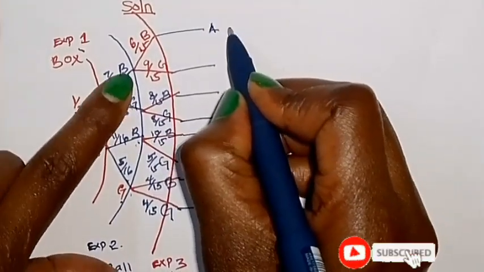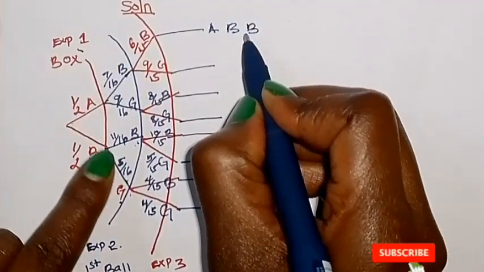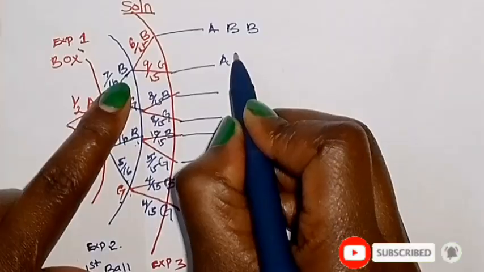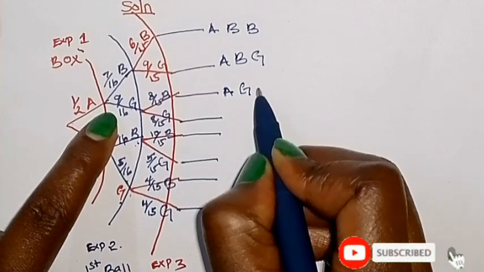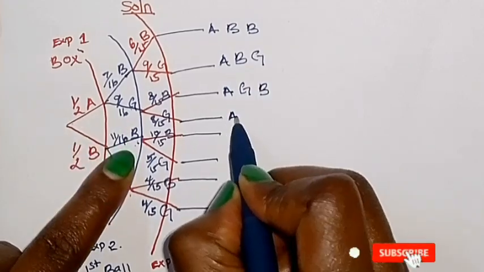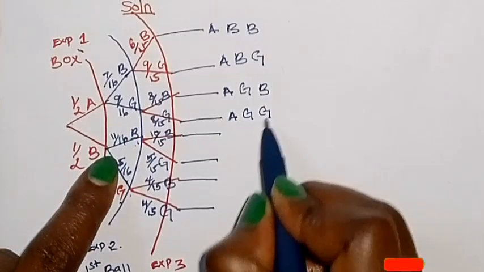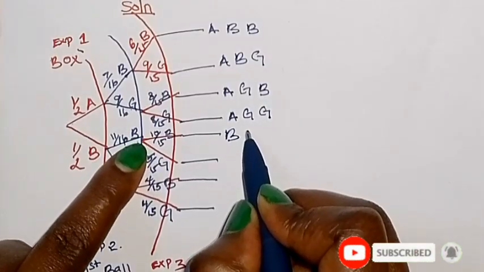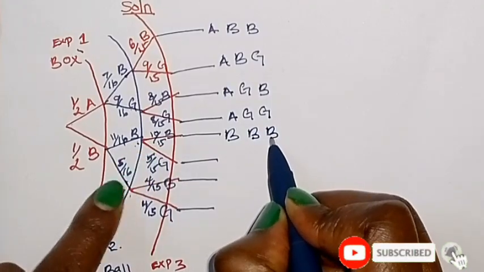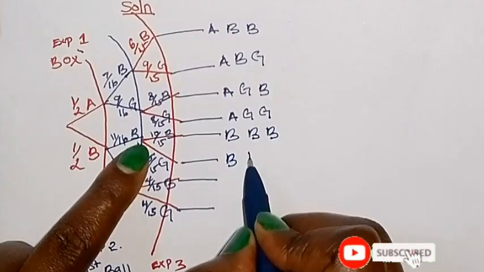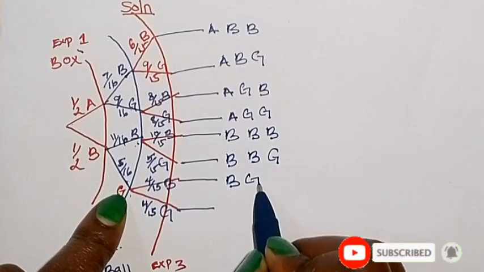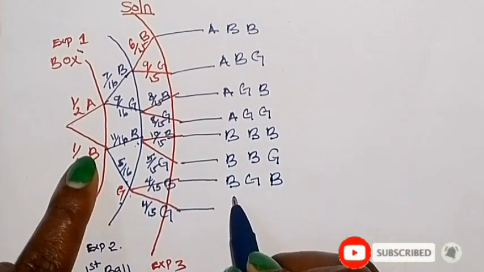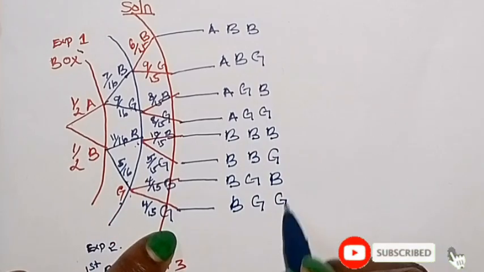So if we follow our tree, we have box A, then brown ball; box A, brown ball, green ball; box A, green, brown; box A, green, green; box B, brown ball; box B, brown ball, green ball; box B, green, brown ball; box B, green, green ball.